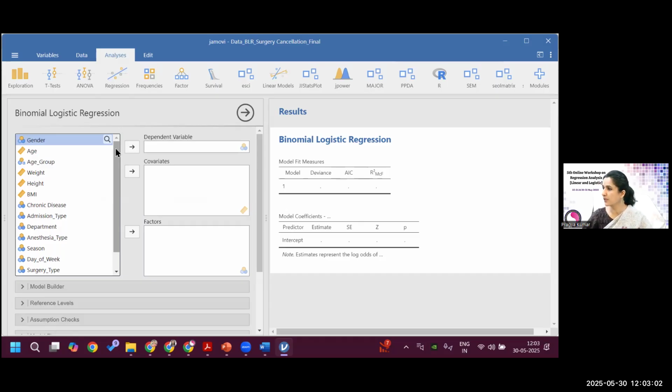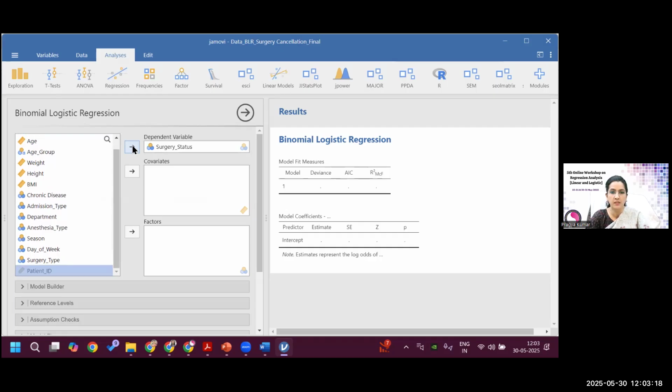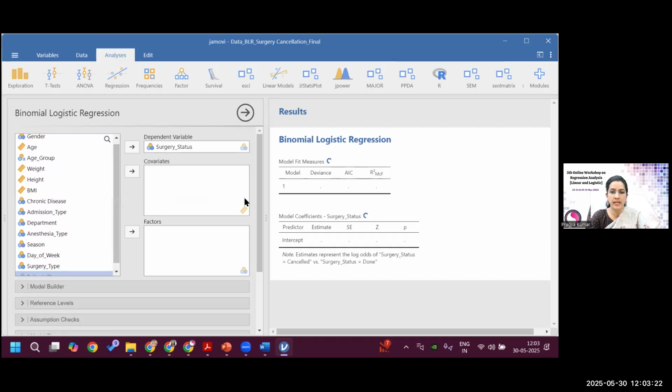I have a piece of paper and a pen to write. So I'll do one by one. I'll start by entering my dependent variable, which is surgery status. Again, the interface is the same as linear regression.